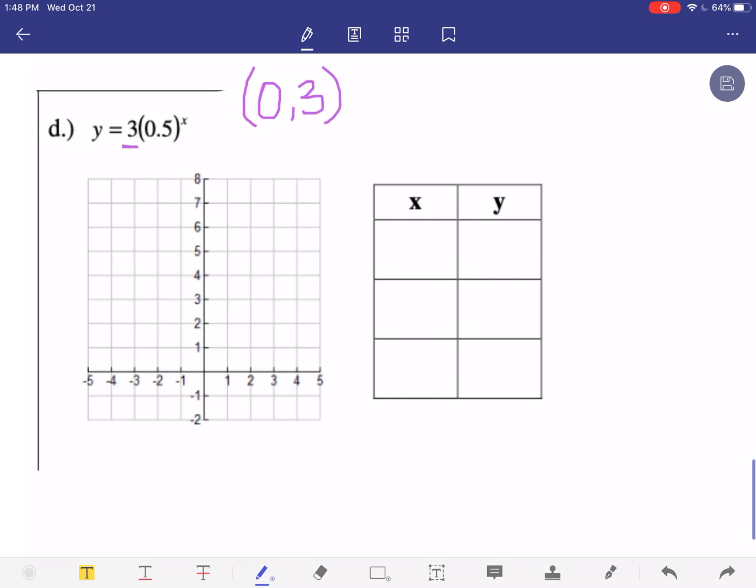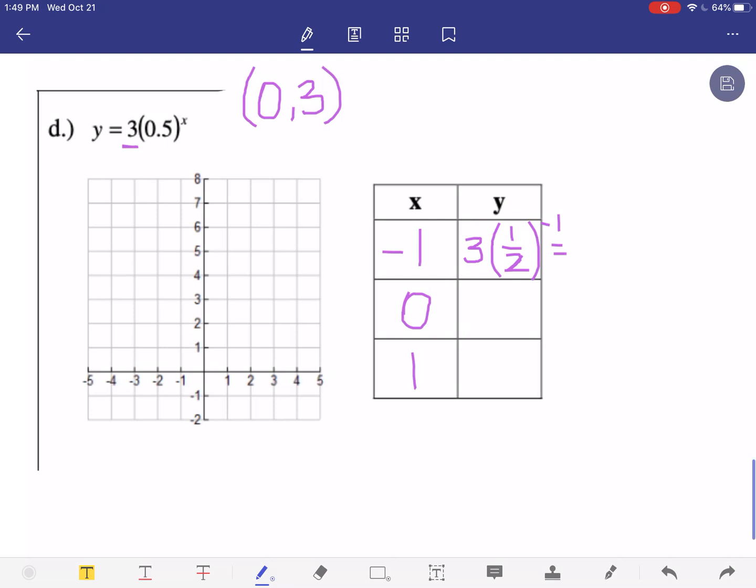We'll choose our numbers for x, still -1, 0, and +1, and plug those numbers into the equation, work it out, and see what our y values are going to be. So if I use -1, we'll have 3 times 1/2 to the negative first power. Negative exponent means what?